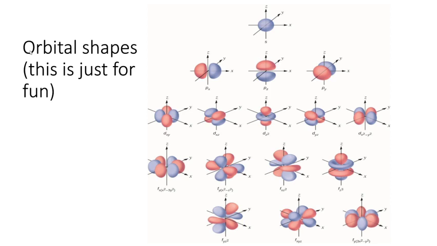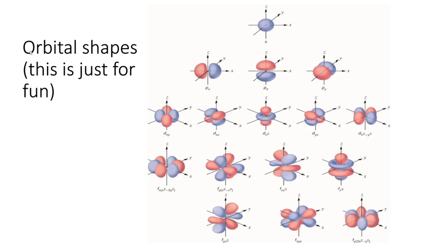So what do orbitals actually look like? This one's just for fun. Don't really worry about this too much. But this is an XYZ plane, and so it's more or less representing it in 3 dimensions. These are the basic shapes of orbitals. And as I explained in a couple classes last week when people were asking about it, these are shapes that come out of a bunch of really complex mathematics. They're telling you where most likely you are going to find an electron based on its wave function.